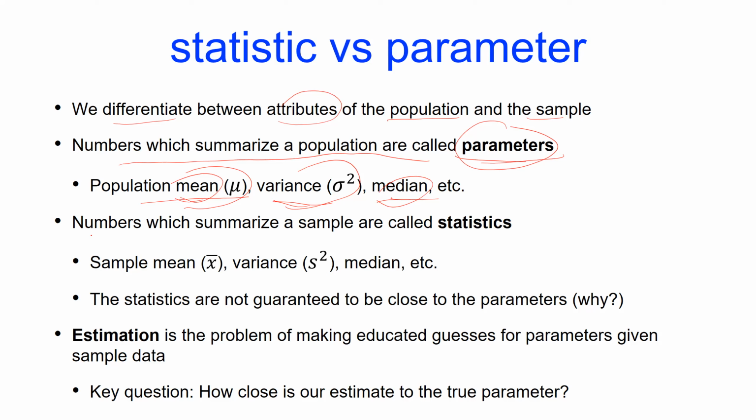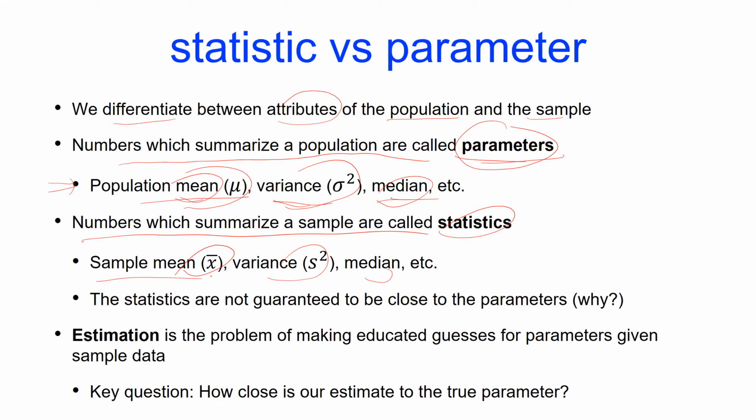And those numbers which summarize a sample we call statistics. Basically, I take a subgroup, like this class, and I can start to measure your attributes. Those numbers are called statistics. So sample mean, sample variance, sample median are much easier to measure compared with the population mean.